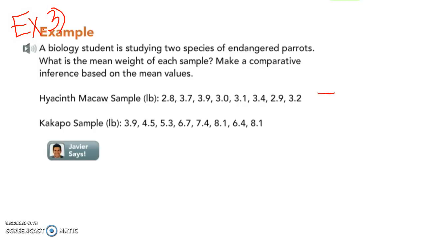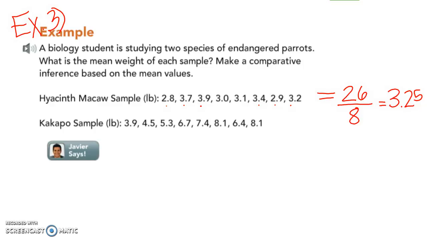That gave me a sum of 26 when I added all those up. And I have to divide by 1, 2, 3, 4, 5, 6, 7, 8. Divide by 8. So my mean for the macaw is going to be 3.25. This is talking about the weight, the pounds. So I would predict that another macaw would weigh about 3.25 pounds.